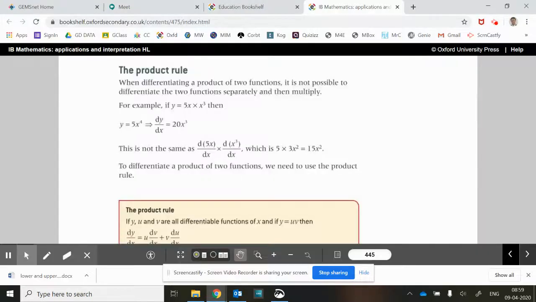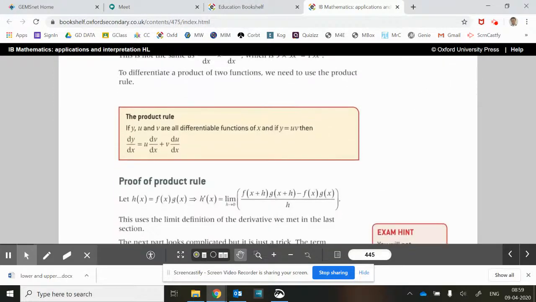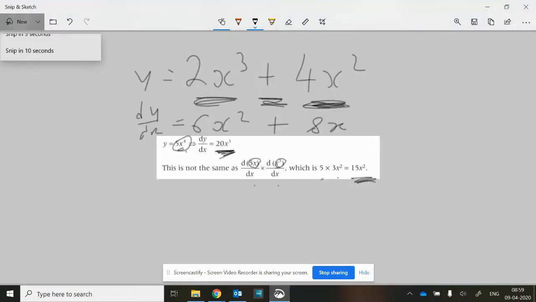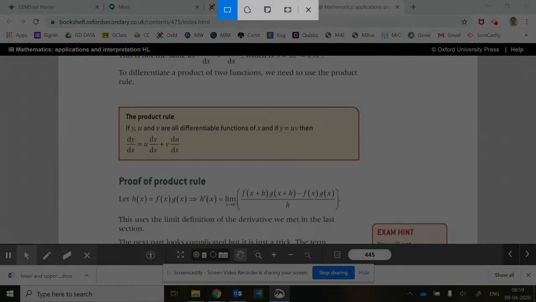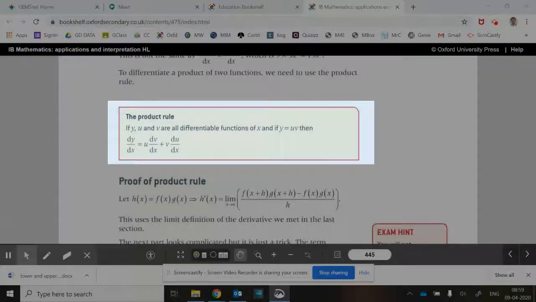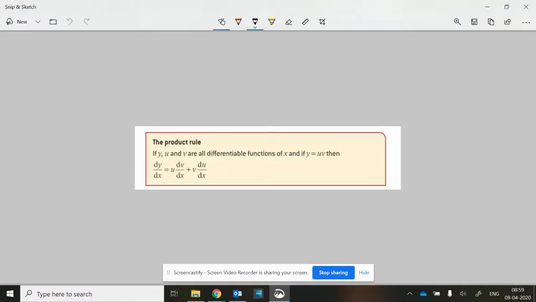Well, the thing you do is use this thing called the product rule. Right, let's just snap this thing here because I do it in a slightly different way. Okay, so this is the product rule. And they say, well, to find dy dx in this case, you're going to need to take the first of your functions. So let's come up with a function uv, right?